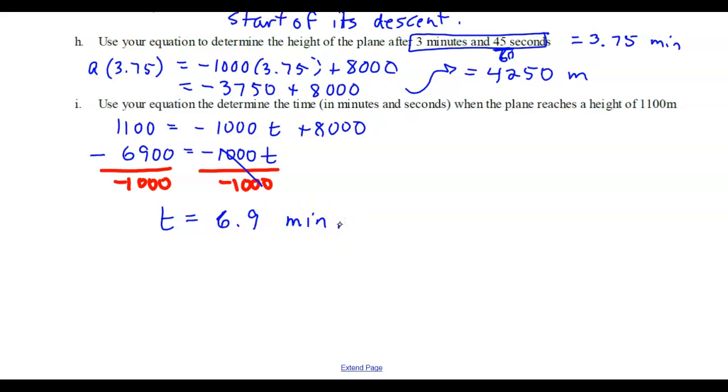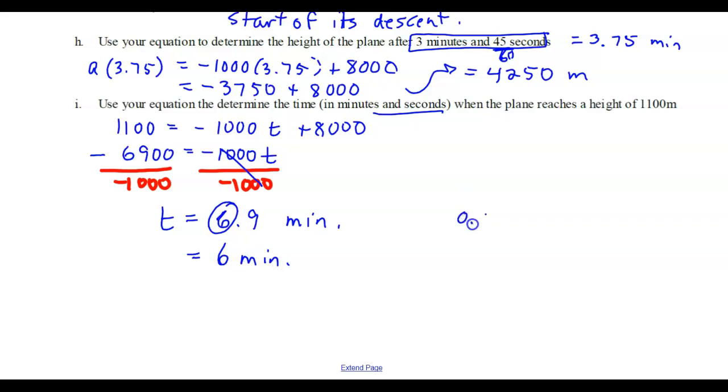Okay, so that's all in minutes. It's a decimal. So now it says in minutes and seconds. So the whole number is going to be the number of full minutes. And then we have to figure out what 0.9 of a minute is in seconds.